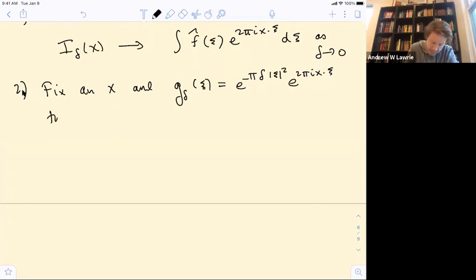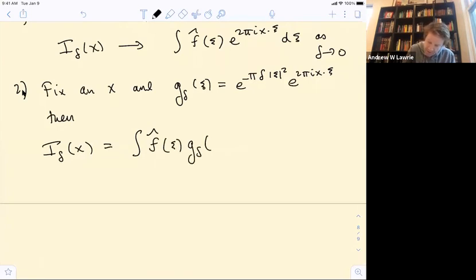Then I delta of x is equal to, I claim this is equal to, sorry, yeah. So I delta of x is equal, on the one hand, to f hat of c times g delta of c dc.